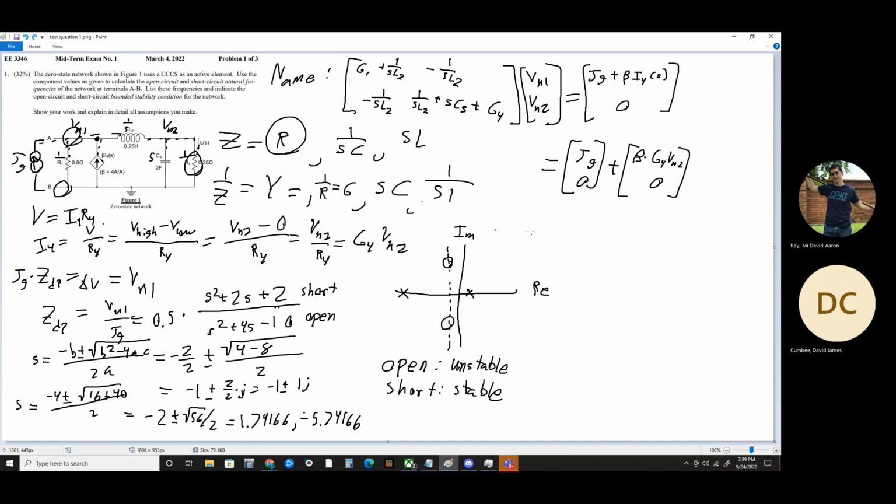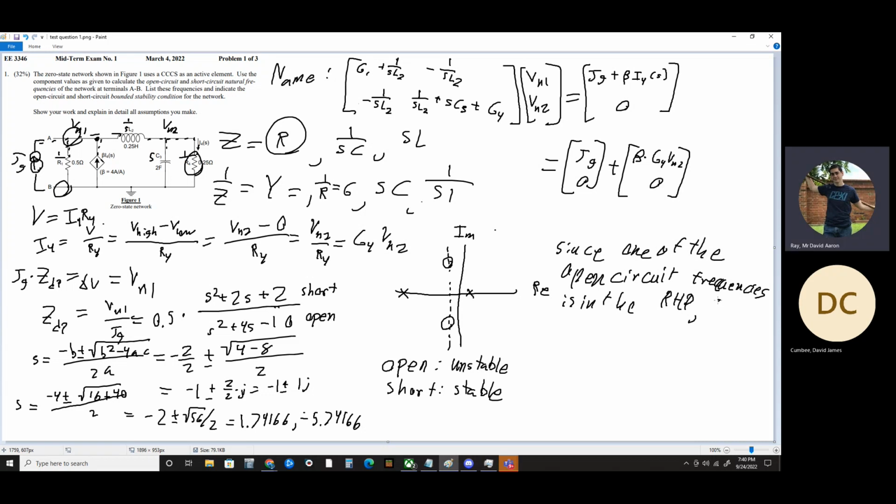I think you could put like, let's see. Since open circuit, or let's see, you could say since S equals that value is in the right half plane, it is unbounded.